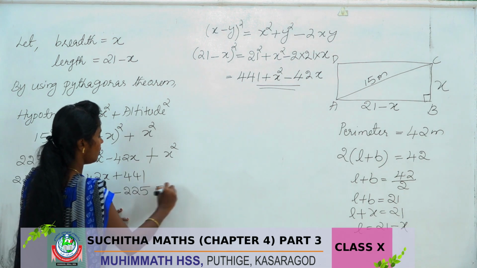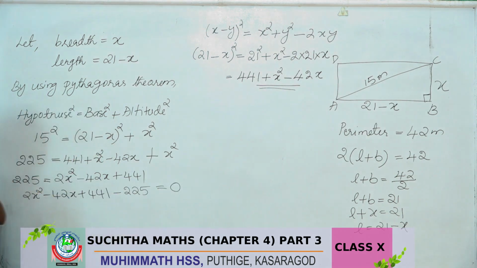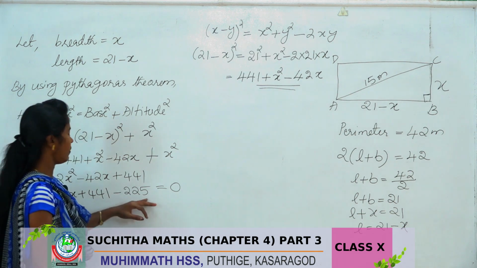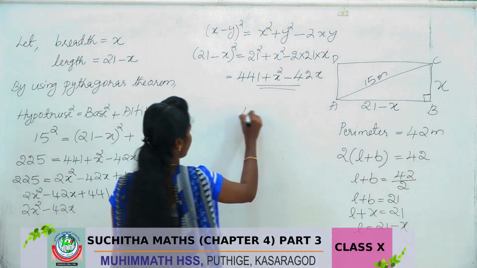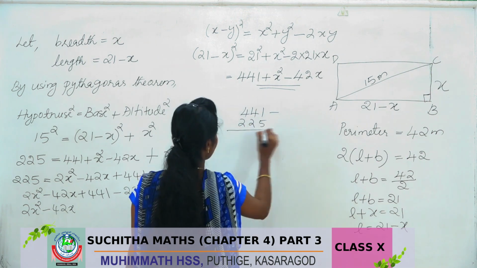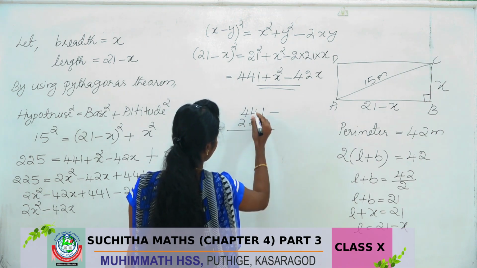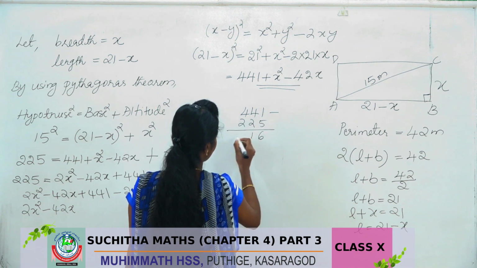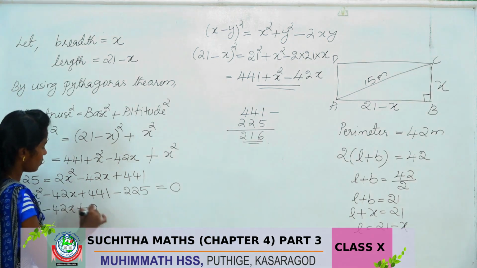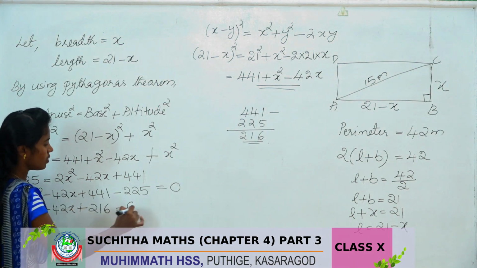That is 2x square minus 42x plus 441 minus 225, equal to 0. 441 minus 225 is 216. So 2x square minus 42x plus 216 equal to 0.